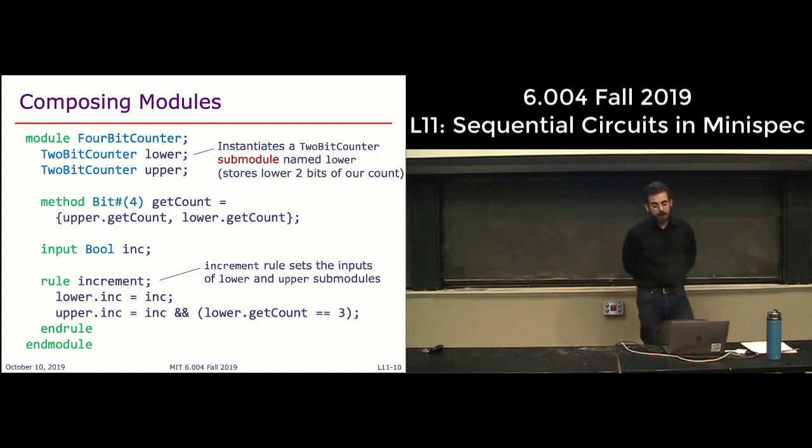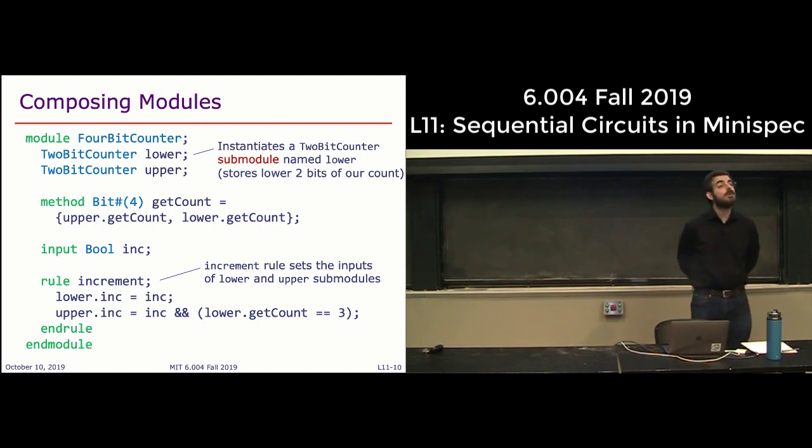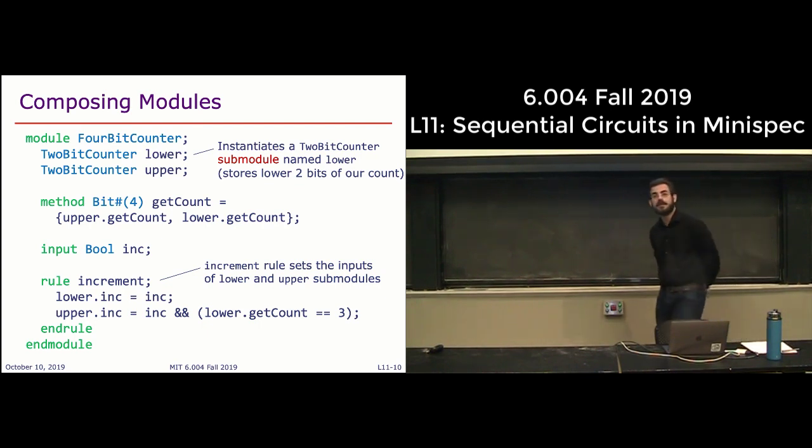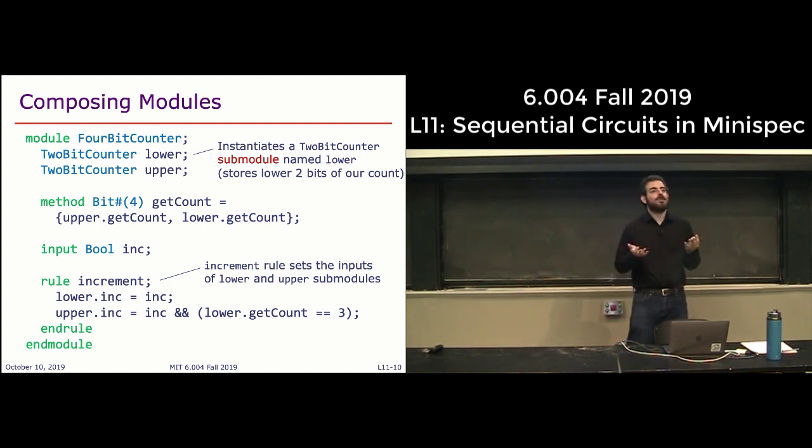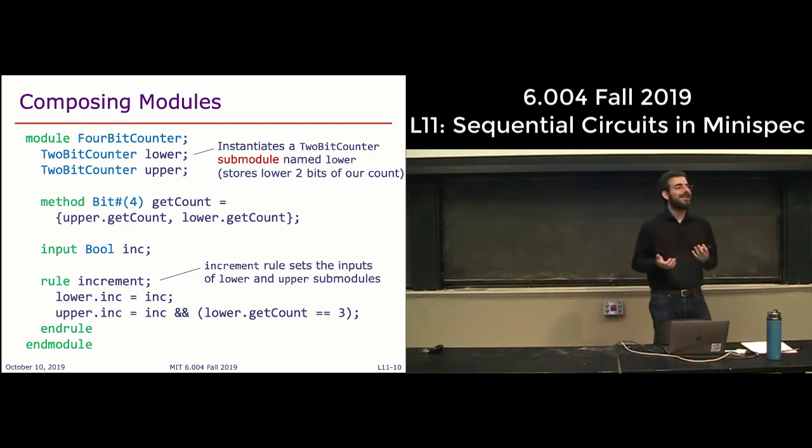Okay, so now we have this increment rule that sets the inputs of the submodules. It's not writing to registers, it's just setting inputs. The way this works is, now you have different modules and you have these rules that fire automatically, and it's important to understand in what order they fire, what order they execute in. And the semantics here are very simple.